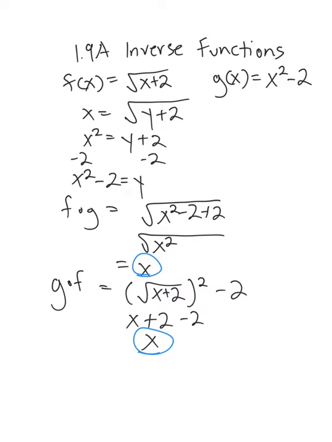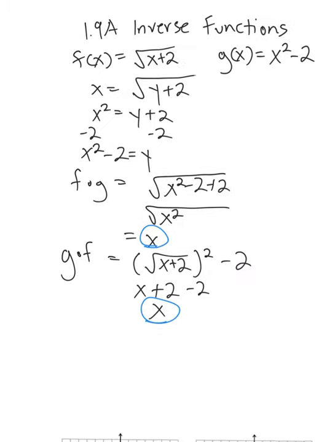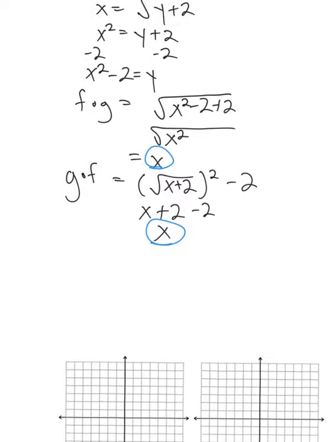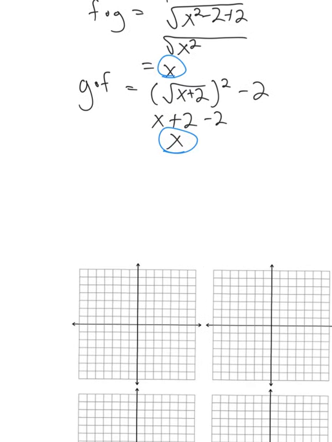Now let's think about this in terms of a graph. What if we have to show this graphically? Well, first things first, let me rewrite our equations to remind us. f of x being the square root of x plus 2 and g of x equals x squared minus 2.